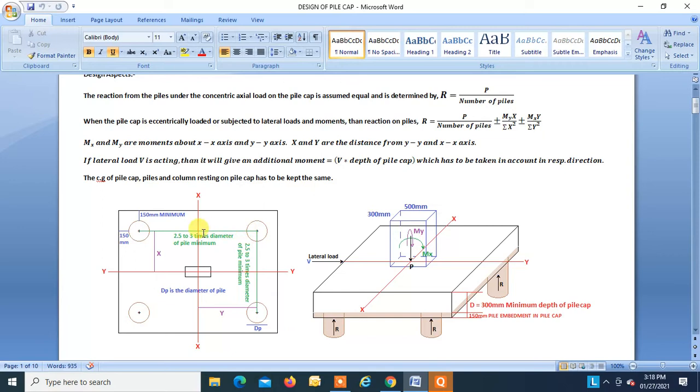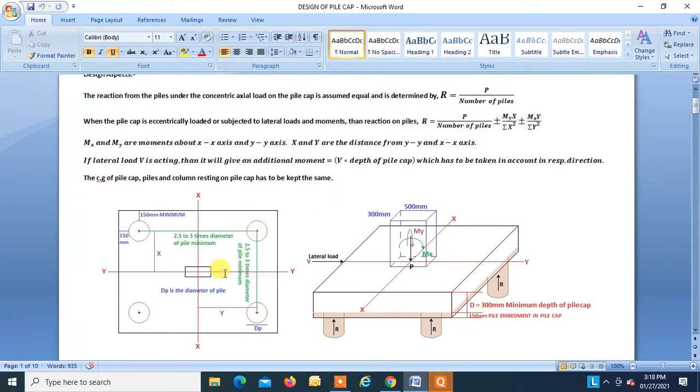Take the square of this distance plus the square of this distance plus the square of this distance plus the square of this distance, that is equal to summation of y square, right? So this is how we get a reaction R for this pile, right?